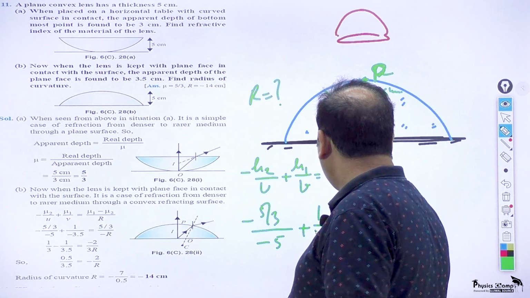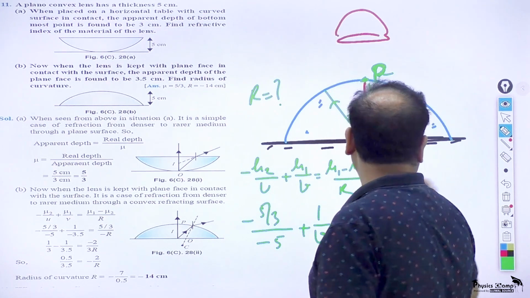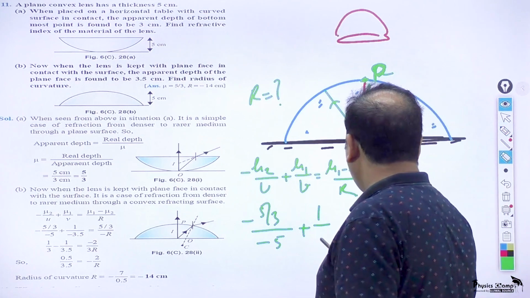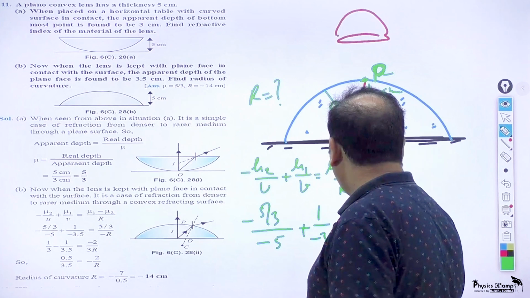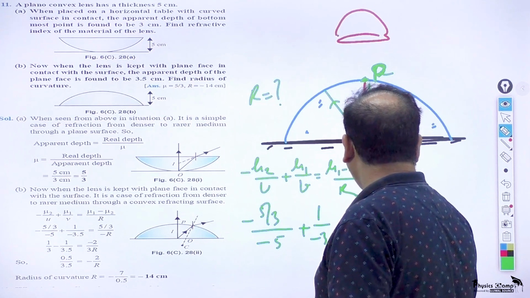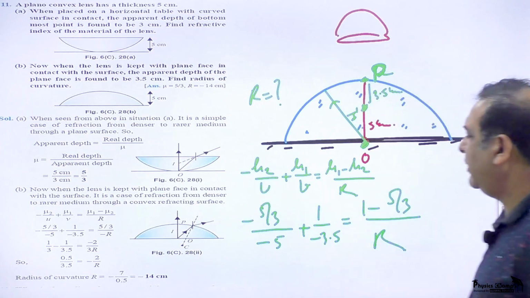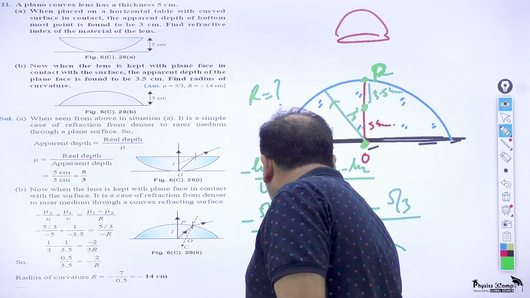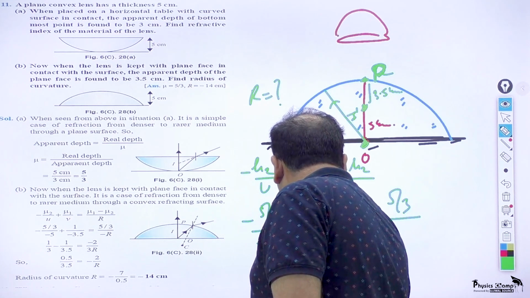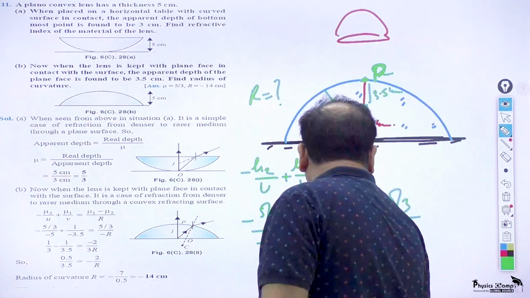Mu1 is 1. V is given as minus 3.5, is equal to 1 minus 5 by 3 by radius of curvature, which we require. If I solve it, it becomes 1 by 3 minus 1 by 3.5 is equal to minus 2 by 3r.